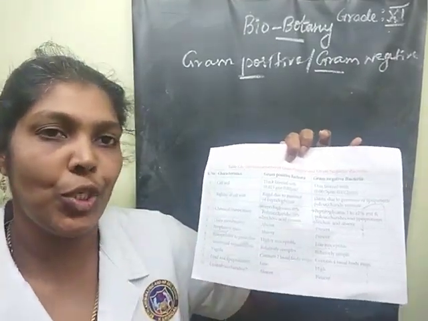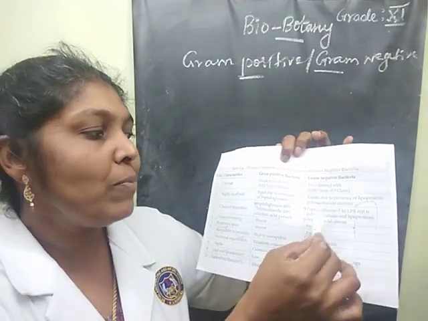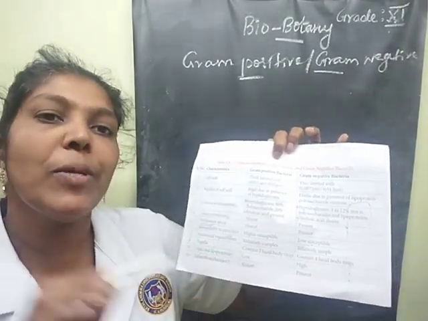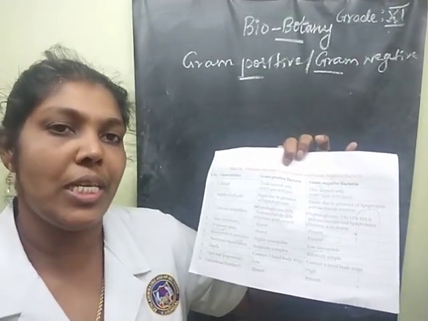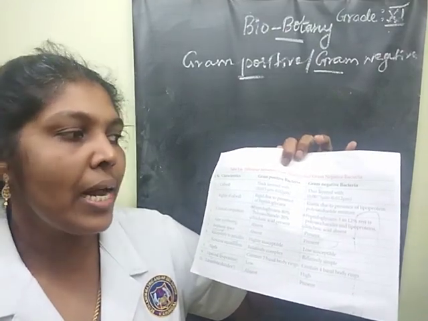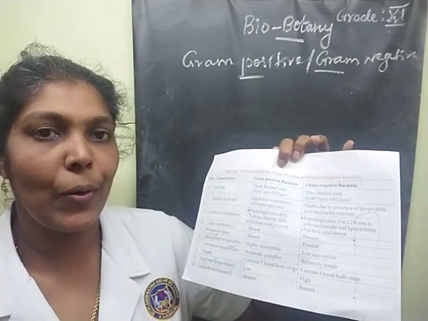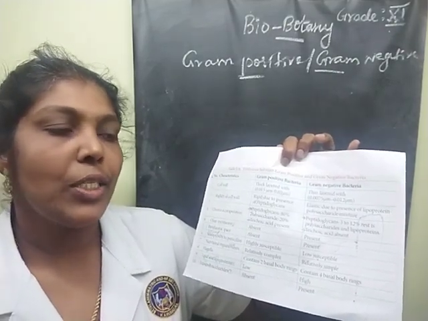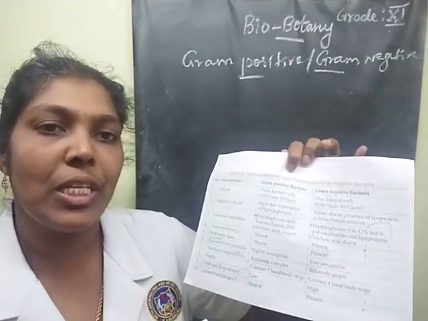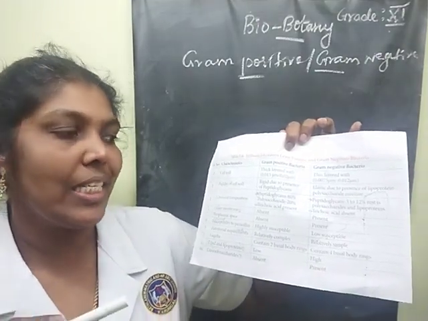In gram negative bacteria, peptidoglycan is present at only 3 to 12%. The remainder is polysaccharides and lipoprotein molecules. Teichoic acid is absent in gram negative bacteria.